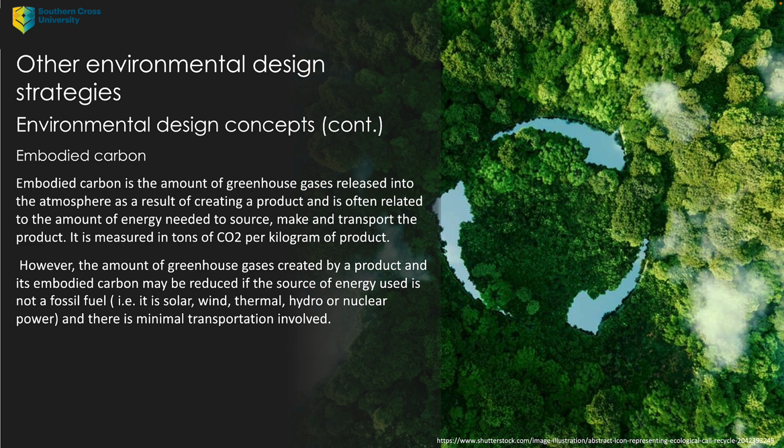It is measured in tonnes of CO2 per kilogram of product. However, the amount of greenhouse gases created by a product and its embodied carbon may be reduced if the source of energy used is not a fossil fuel. For example, it is solar, wind, thermal, hydro, or nuclear power, and there is minimal transportation involved.